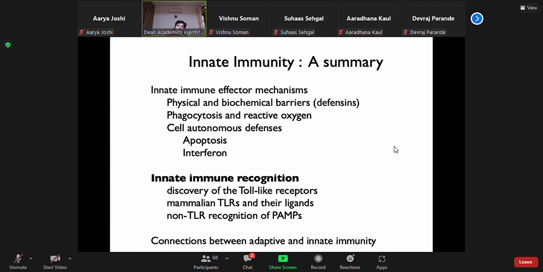You generate different subsets of these activated T cells, T helper cells, cytotoxic T cells. And in so doing, you can engage the adaptive immune responses, production of antibodies, production of effector cytotoxic T cells or T helper cells. Right.